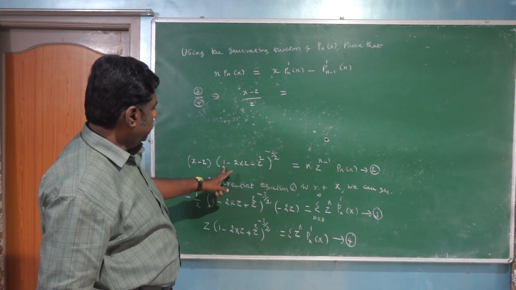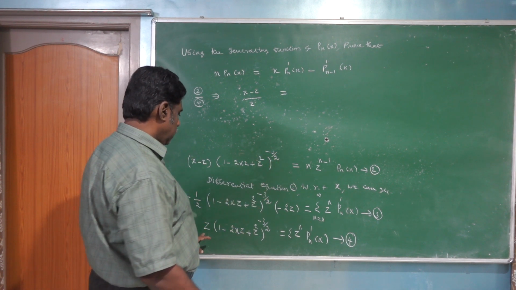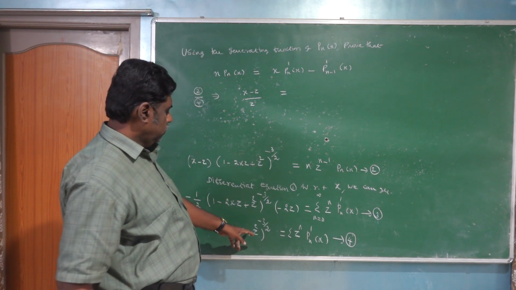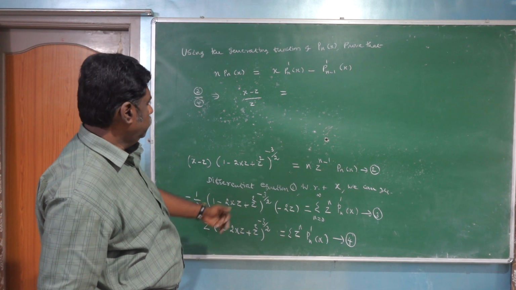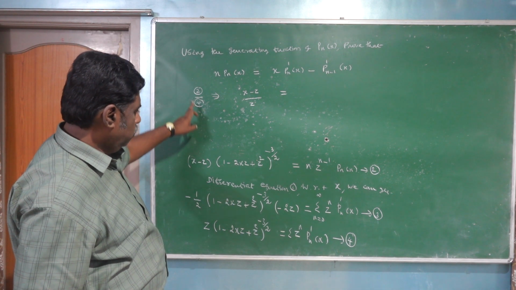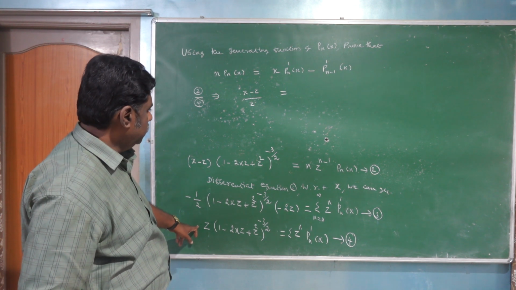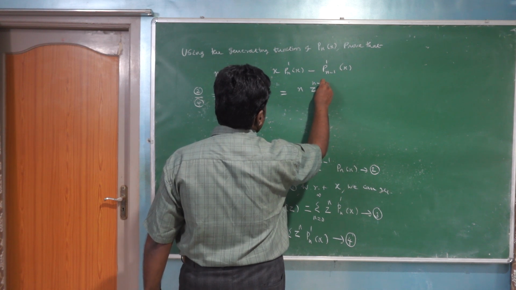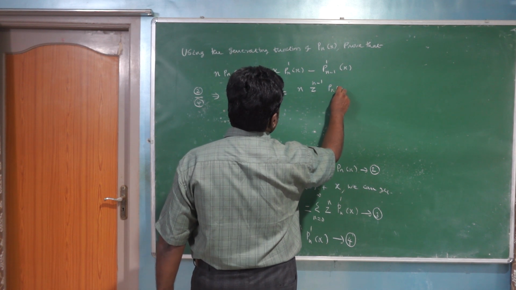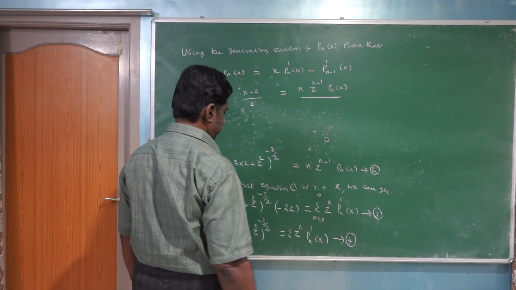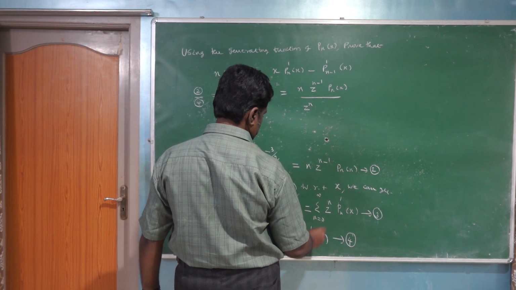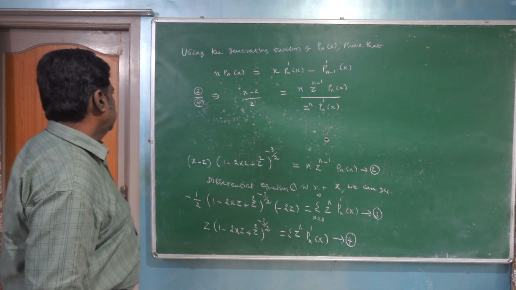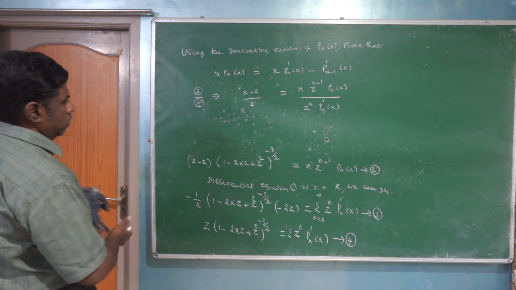These two terms, (1 minus 2xz plus z square) power minus 3 by 2, divided by (1 minus 2xz plus z square) power minus 3 by 2, cancel out. So 2 by 4 implies (x minus z) divided by z, which is equal to n into z power n minus 1 Pn of x divided by z power n Pn dash of x. This is the value of 2 by 4.